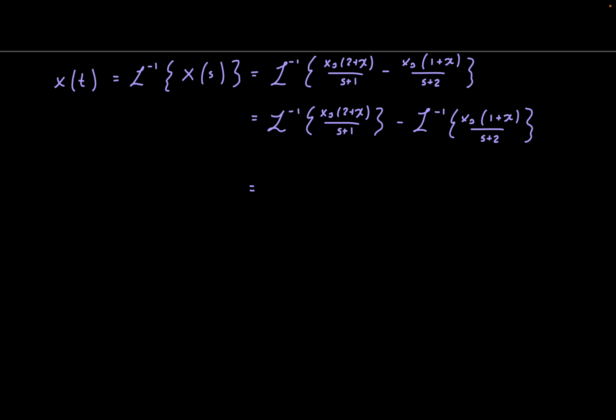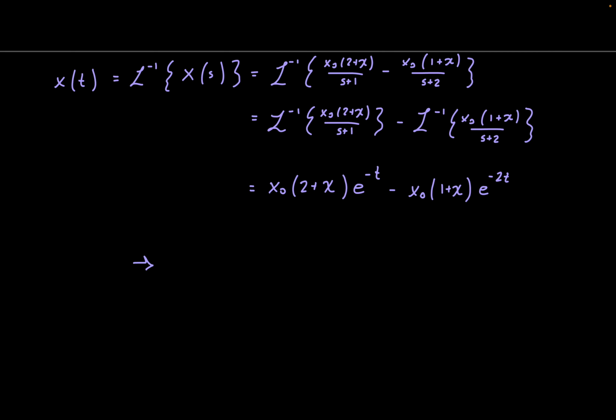So here we will get that we have essentially our constant here. It's going to be our x naught times 2 plus chi. And then we're going to multiply by e to the a times t, where a is the negative of this value, that 1 there. So I have e to the 1 times t. And then for the other one, we'll have negative x naught times 1 plus chi, and we'll have e to the negative of that value, which will be negative 2 times t.